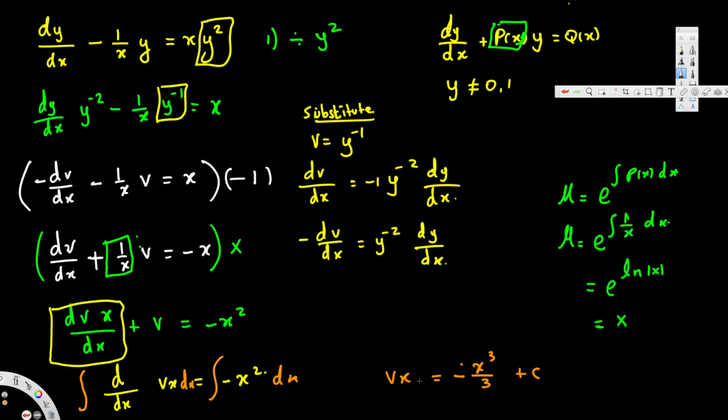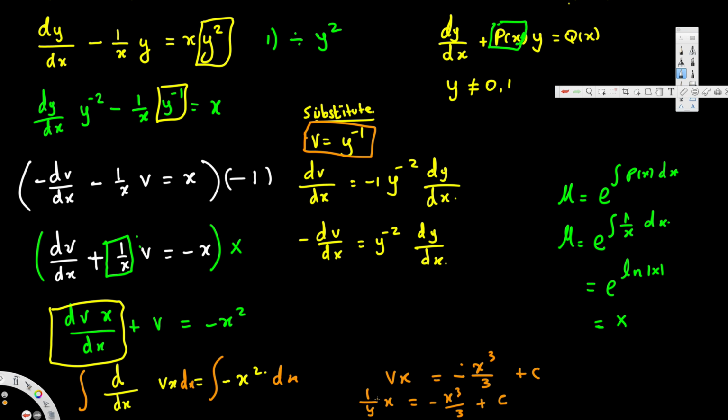Now finally we have to express everything in terms of y. Instead of v, we replaced y to the power of minus 1 with v, so finally we have to bring that back. If we bring that back, this is going to be just 1 over y times x equal to negative x cubed divided by 3 plus a constant.